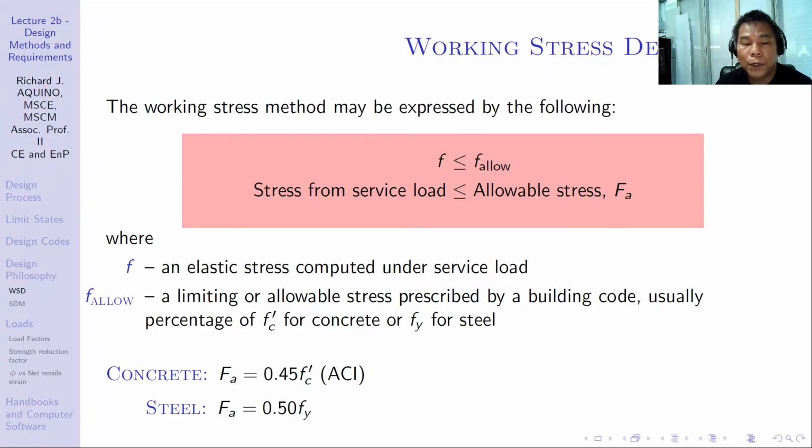Of course, for concrete, normally we take the allowable stress to be 45% of fc prime. fc prime is the specified compressive strength at 28 days, so this is the design strength that we normally use in the design of reinforced concrete. For the steel, we use F equal to half of fy.